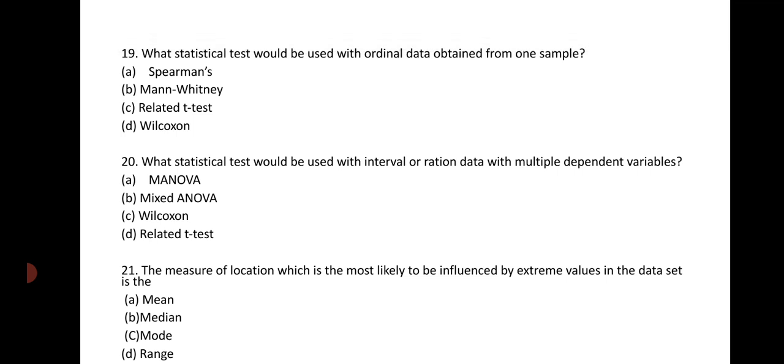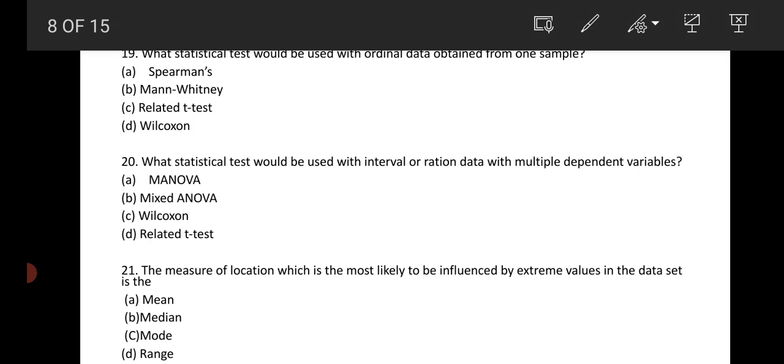Next, what statistical test would be used with ordinal data obtained from one sample? For ordinal data, Spearman's formula is the one given. What statistical test would be used with interval or ratio data with multiple dependent variables?